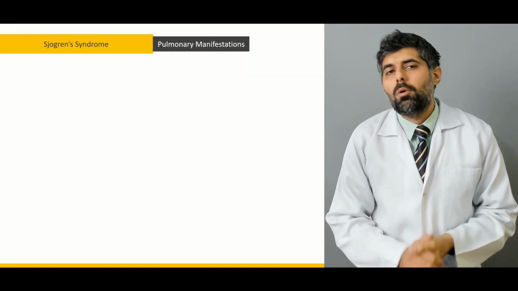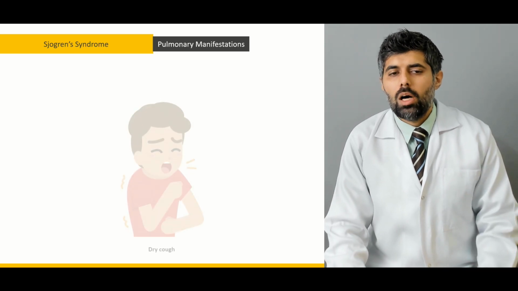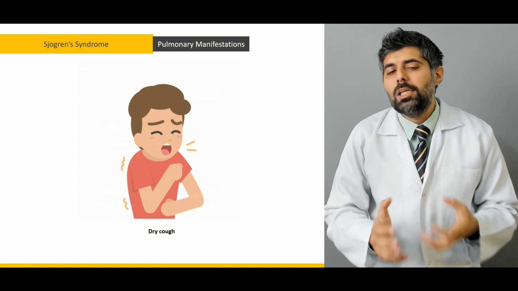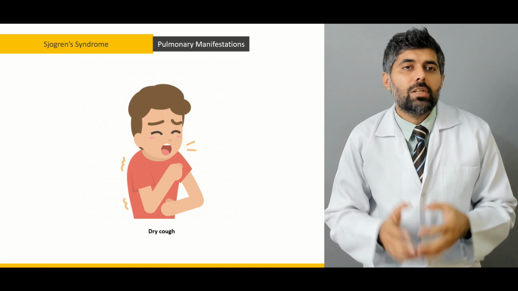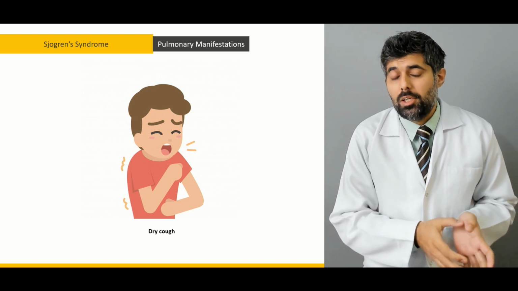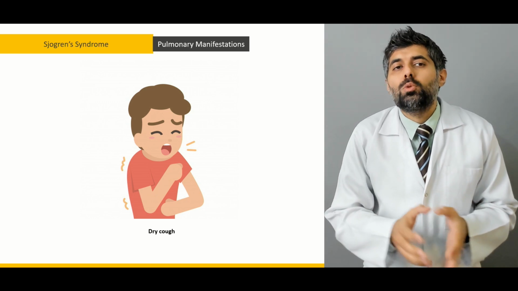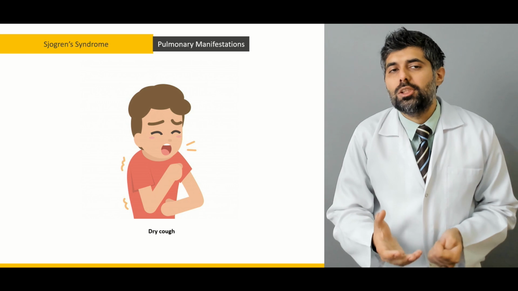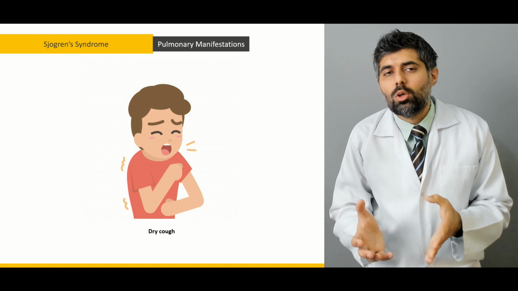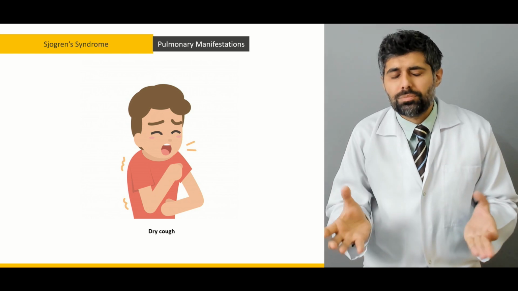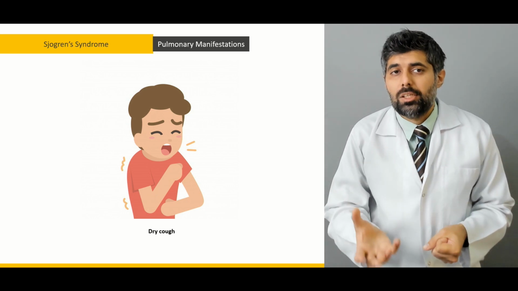Next, we're going to study the pulmonary manifestations in Sjogren syndrome. A patient with Sjogren syndrome usually presents with a chronic dry cough. Now, this dry cough is usually due to dry trachea or xerotrachea, which I mentioned earlier, which is due to the extent of the Sjogren syndrome into the larynx and even the trachea, and this causes the exocrine glands and the mucosal glands of the trachea to get destroyed.